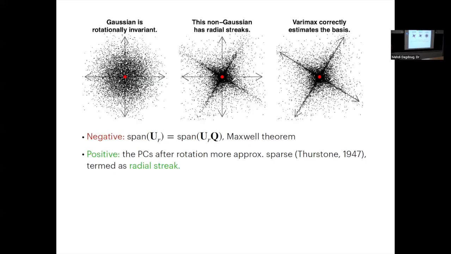After this rotation, most of the points are well aligned with the axes. That means their coordinates in those new bases tend to be sparse. And this is also what people found in practice, doing a PCA and then a varimax rotation: most of the rotated principal components contain entries very close to 0.